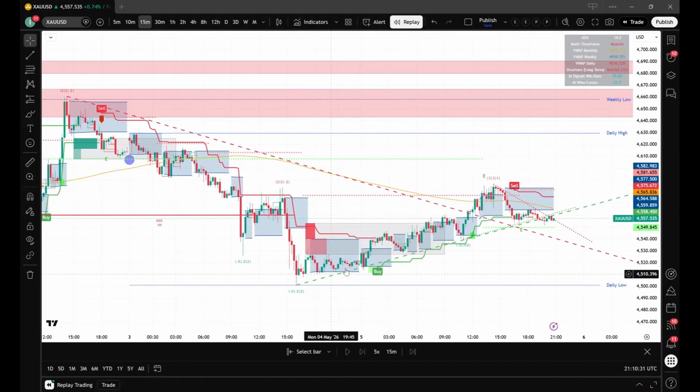Here, there was great confluence, because as you can see, this was a continuation of the move that started all the way up here. Now this was your initial potential reversal candle here.